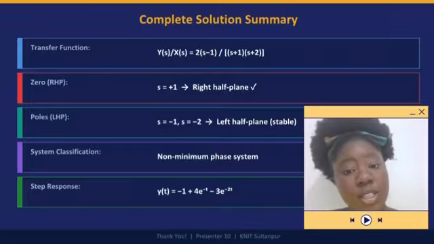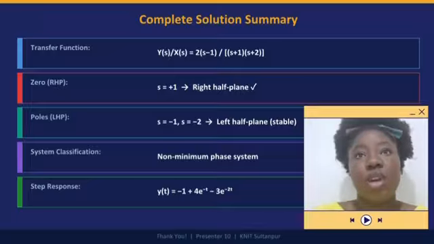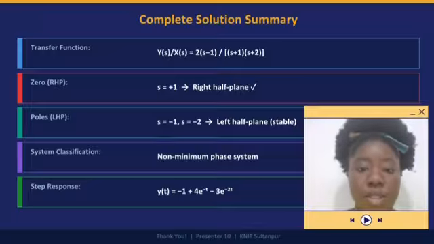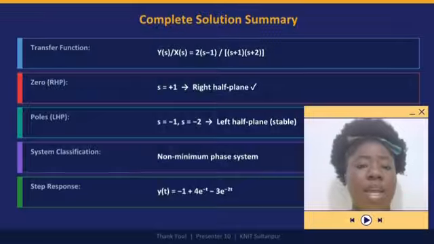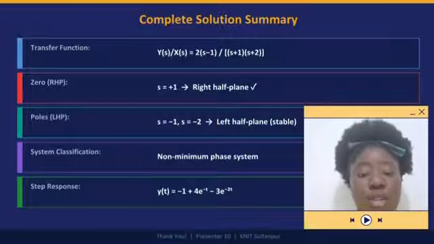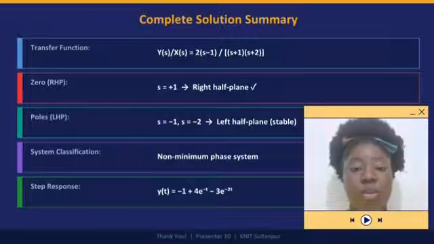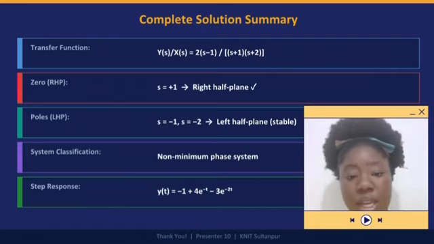So for the key takeaways, we were able to demonstrate a lot of control systems representations. We were able to apply Laplace transforms and partial fractions in our solving of equations. We were able to derive transfer functions using block diagram analysis.